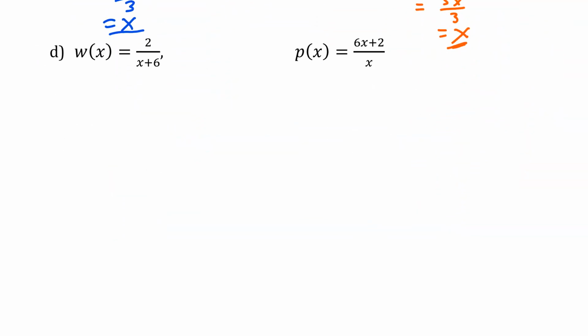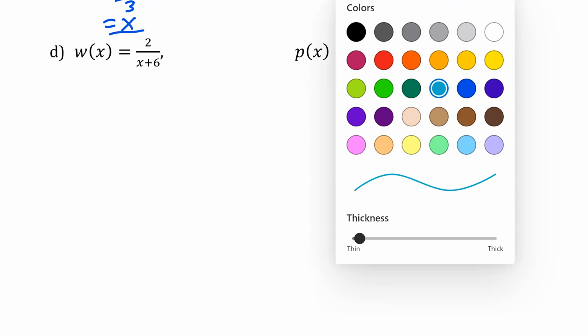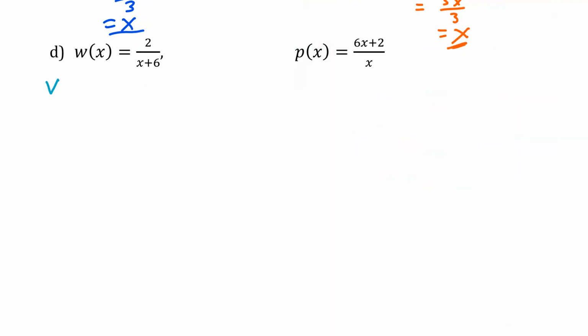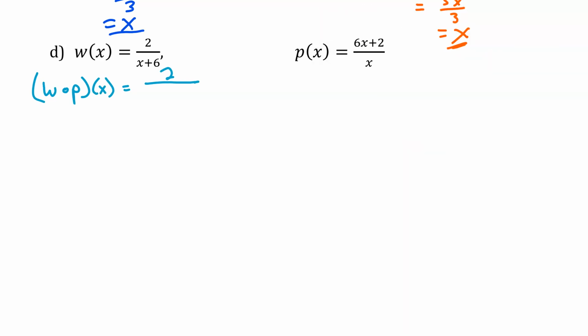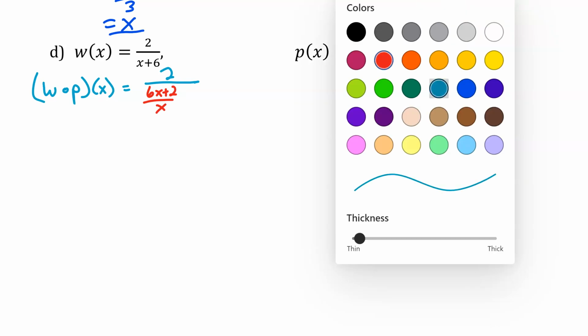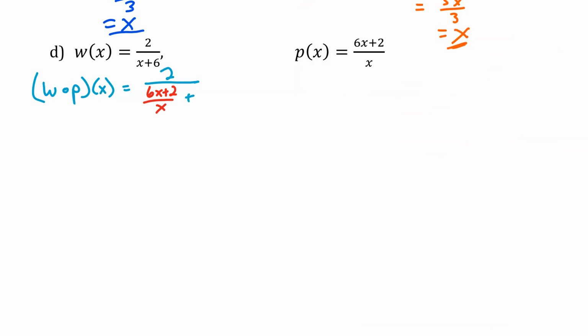Now let's look at this last one. We have w, not v. We have w and p, so we're going to do w of p of x. So we have 2 over, and then in place of that x, I'm going to put a 6x plus 2 over x, and then I have this plus 6.